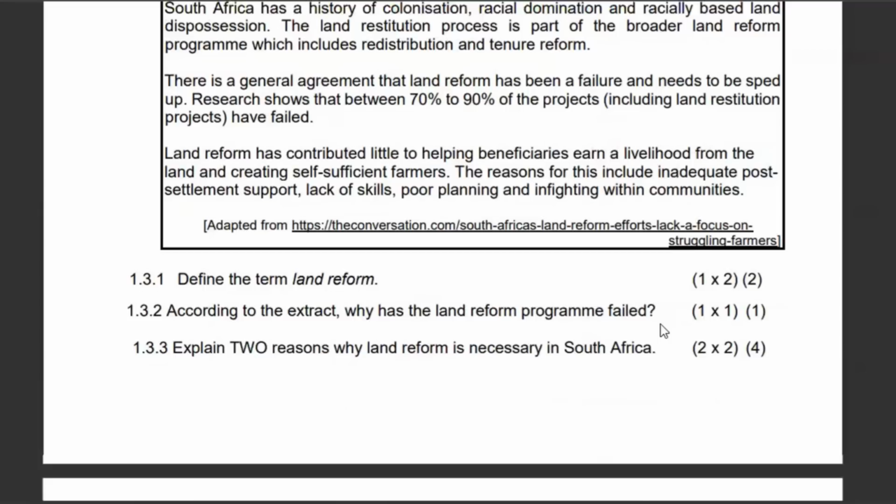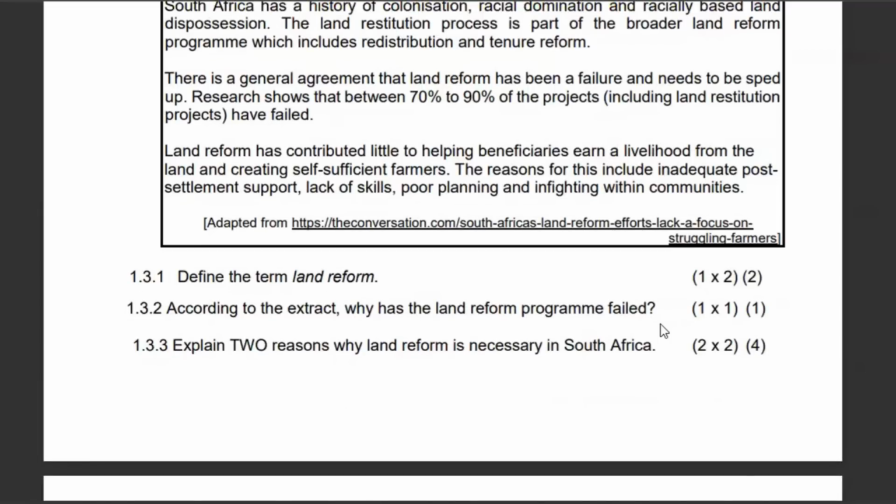There is a general view that land reform has contributed little to helping beneficiaries earn a livelihood from land and creating self-sufficient farmers. So if we check there, we can also see that there is some failure.